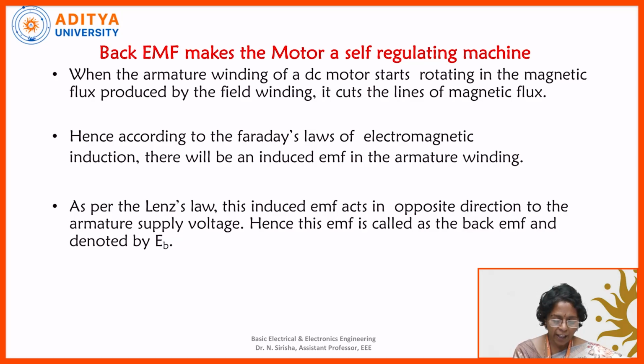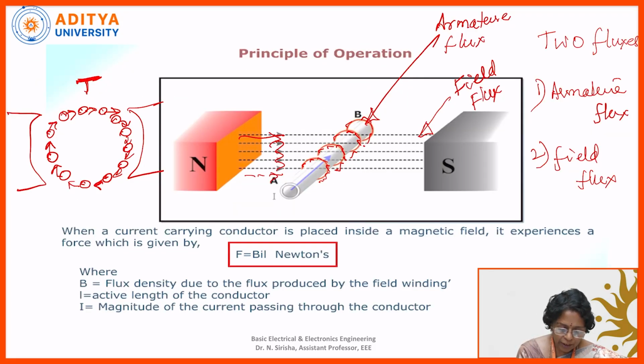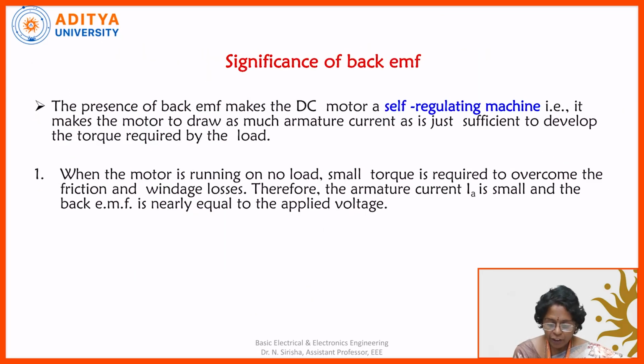Then EMF is induced in the armature winding, in a direction opposite to the supply voltage. Therefore, this EMF is called back EMF, and because of this EMF, the motor draws the armature current required for the formation of initial torque. Therefore, it is also known as a self-regulating machine.